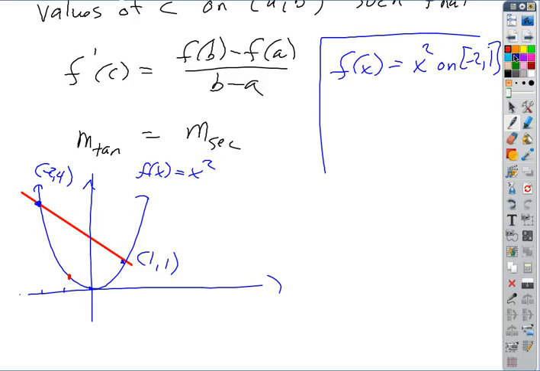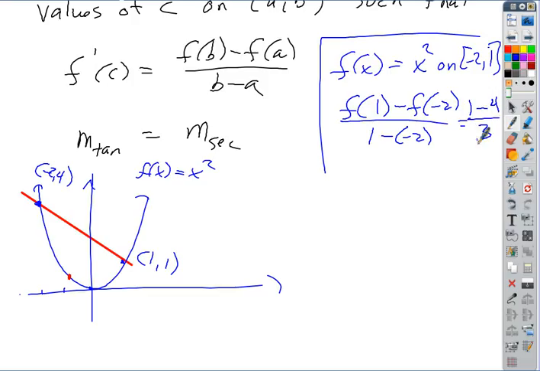What is this value? It's just going to be f of b, that's f of 1, minus f of -2 over 1 minus -2. So that's 1 minus 4 over negative 3.